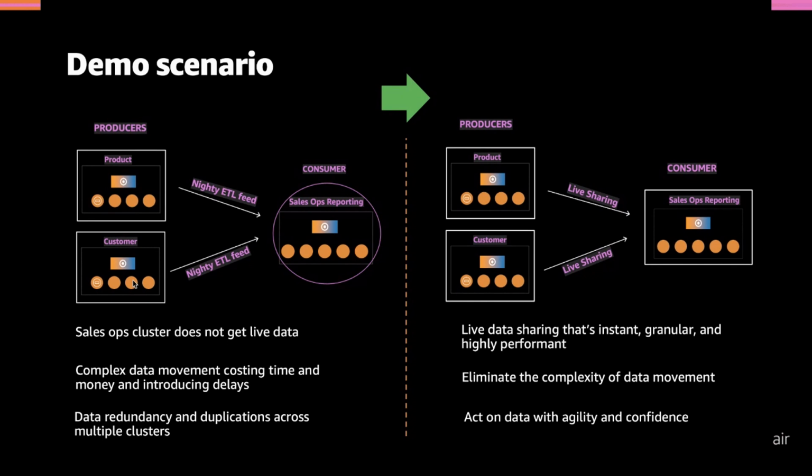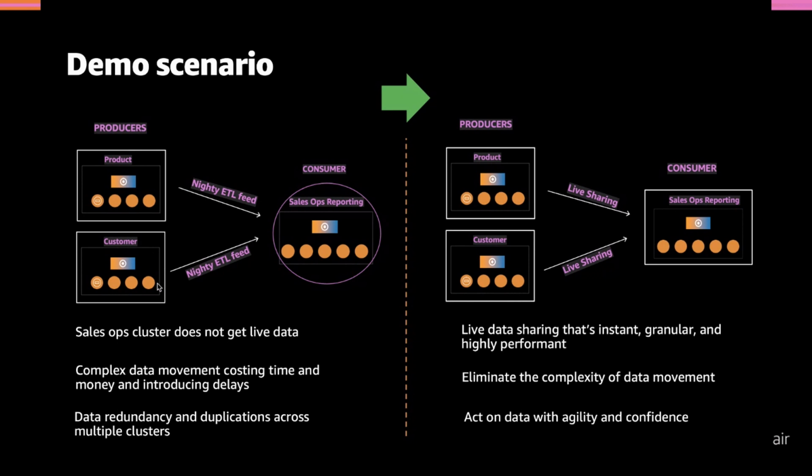So they often need information from both product and customers. Today, the way we manage this is through nightly ETL feeds going from these clusters into the sales ops environment. They are not too happy about it. It is also complexity on the product and the customer team side.